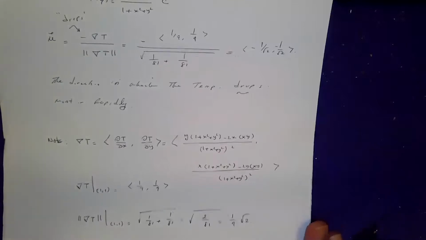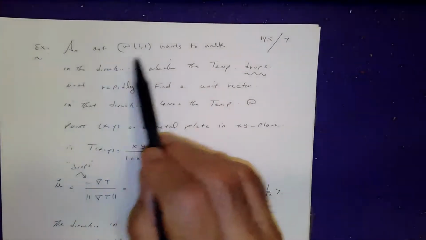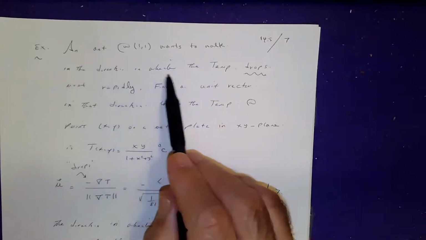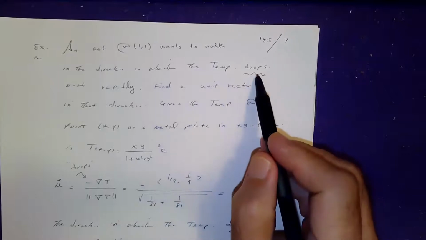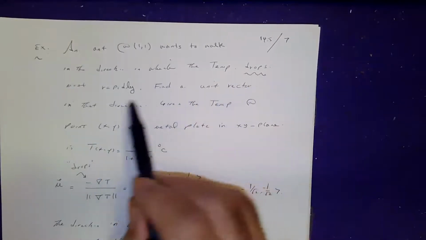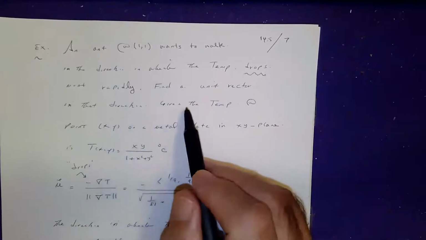So here is a nice problem. An ant at point (1, 1) wants to walk in the direction in which the temperature drops most rapidly. Find a unit vector in that direction.